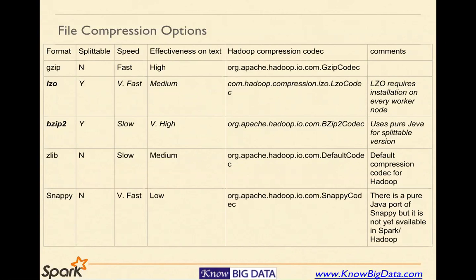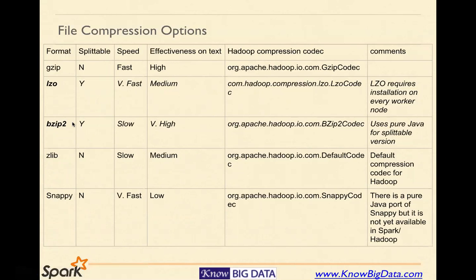And the way we judge a compression algorithm is based on two parameters. One, how fast is it, and whether it is splittable. So you can see that the formats that are useful for us in case of distributed computing or Spark are lzo and bzip.